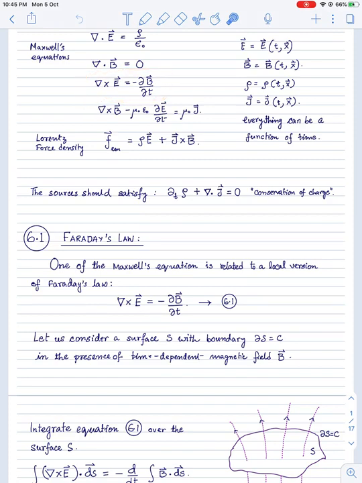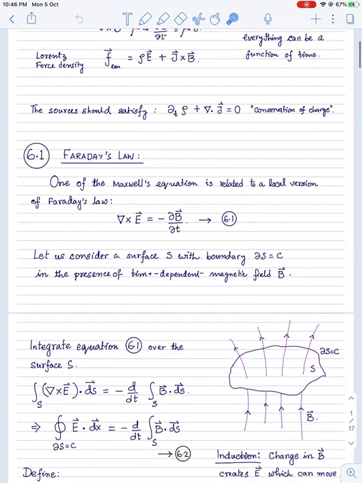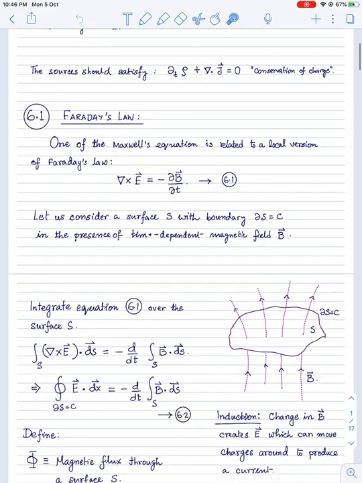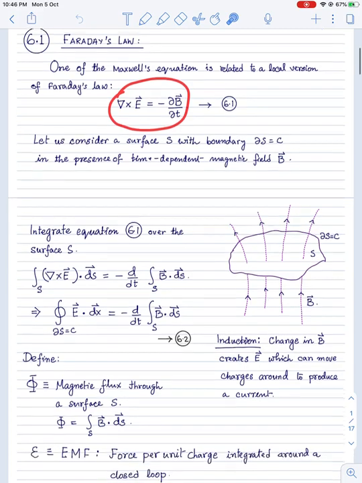That is our main objective today: to study this equation closely, to study Faraday's law, and to see what is the relationship of Faraday's law as Faraday had stated it with this particular local equation. That is what we will explore today mainly.